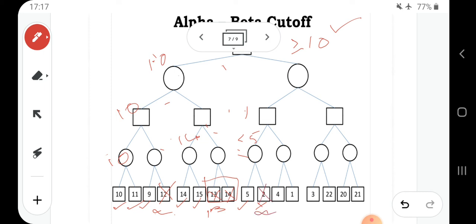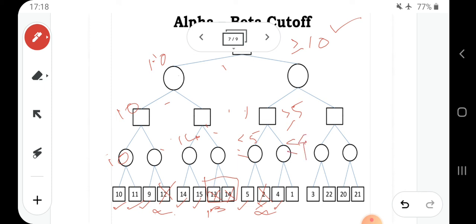And we will say that this node will be returning something value greater than equal to 5. Under that, when we try to evaluate this, this is 4. Again it will say less than equal to 4.